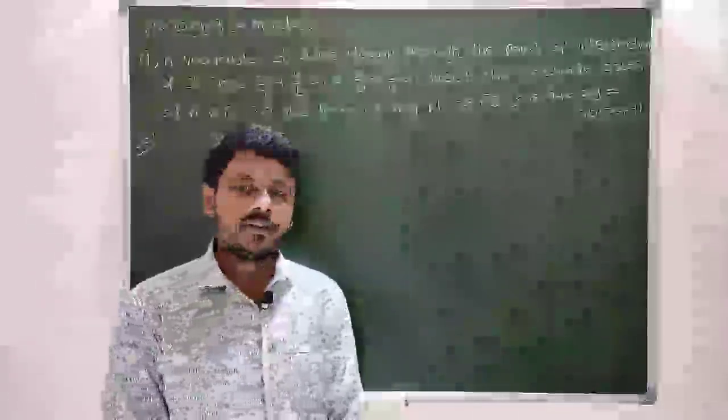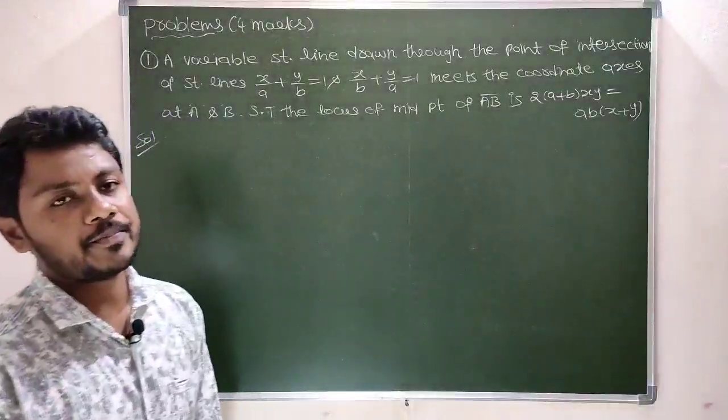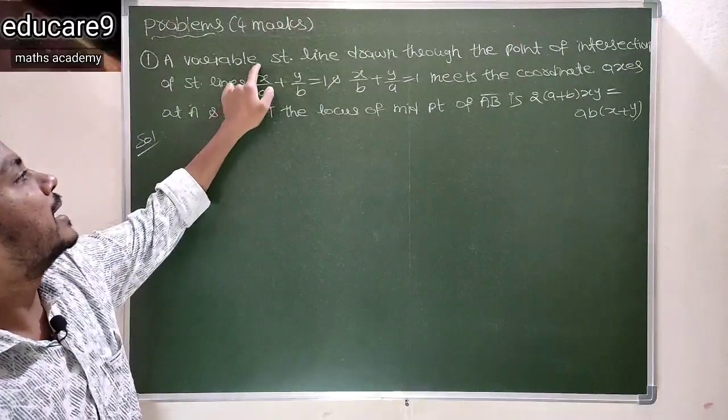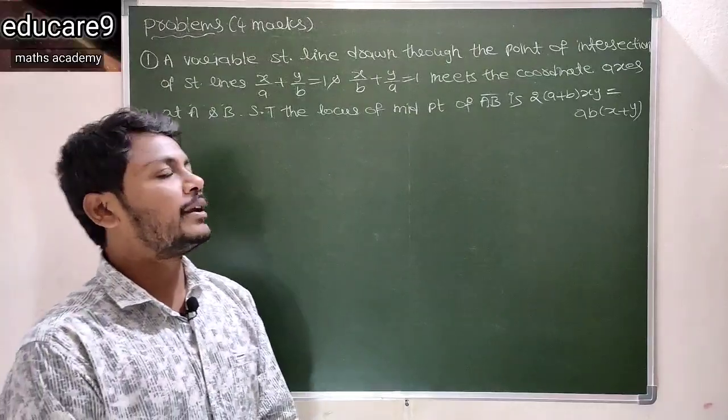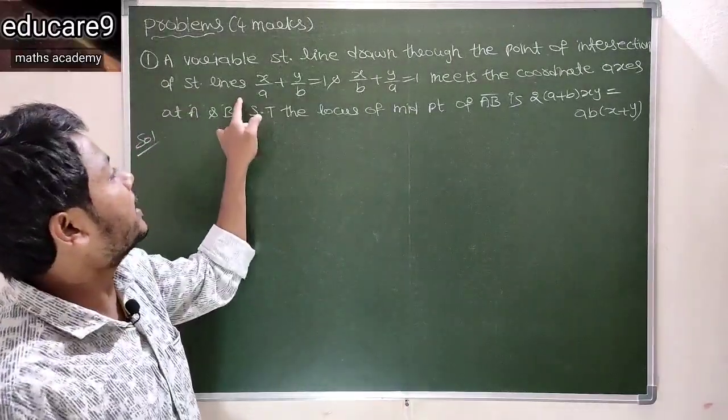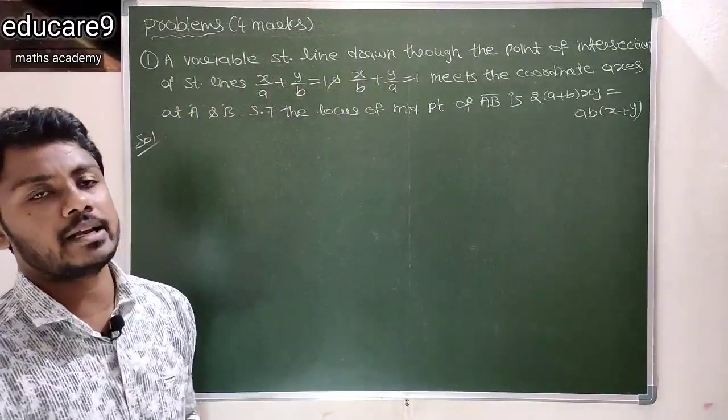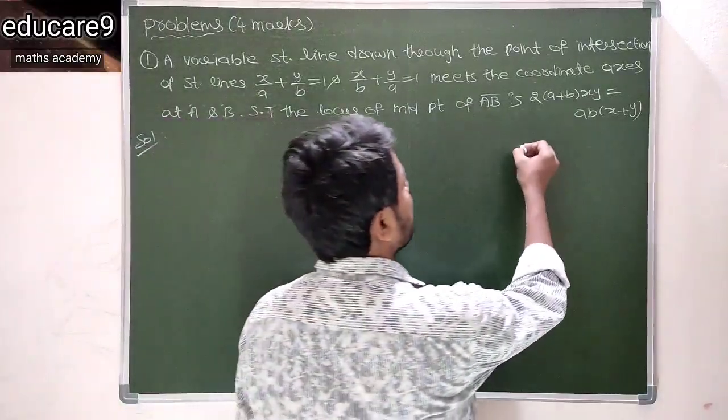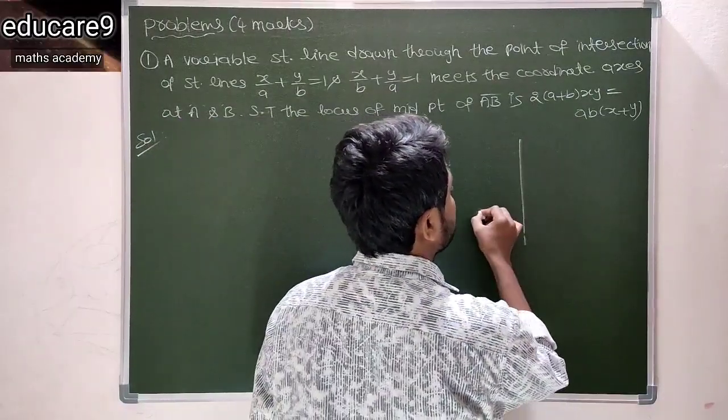Hi, hello everyone. For this session, we will discuss a few problems. See the first problem. A variable straight line drawn through the point of intersection of two straight lines. See here, this is the coordinate axis.